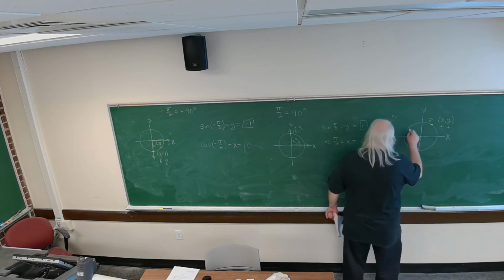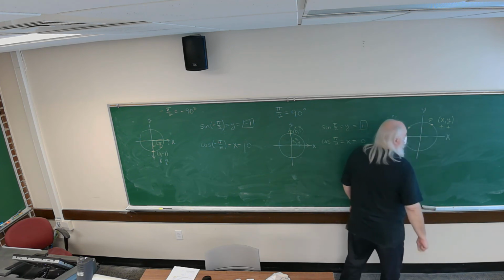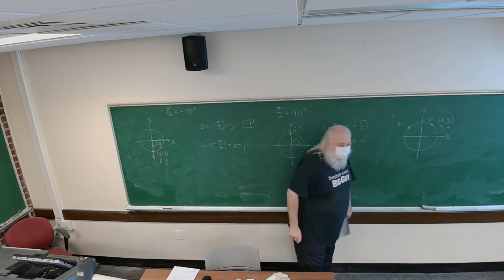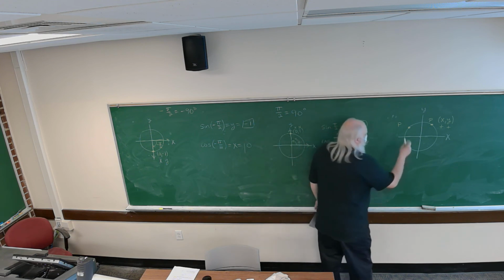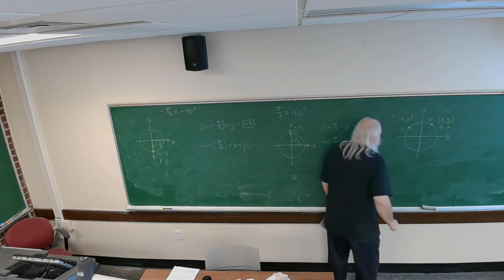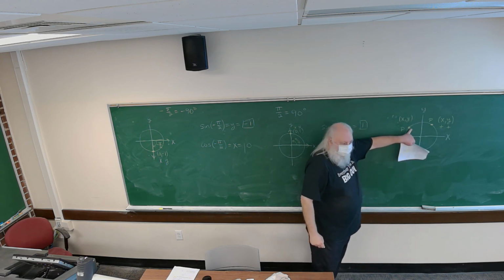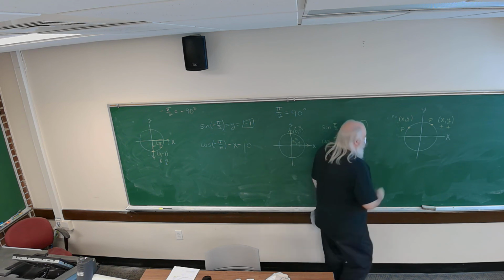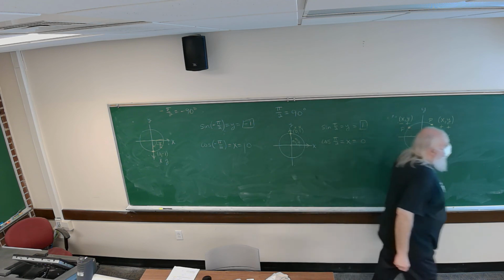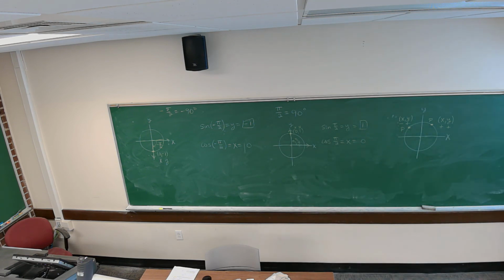Similarly, when the terminal side of the angle crosses the circle in the second quadrant, this point here, any point in the second quadrant, the x coordinate is negative and the y coordinate is positive. So, since the x coordinate is negative, cosine is negative whenever the terminal side of the angle is in the second quadrant.